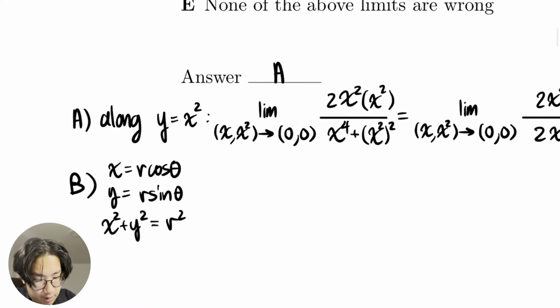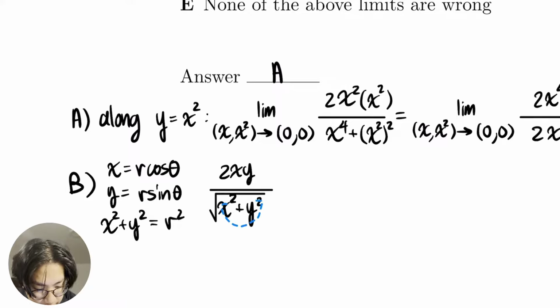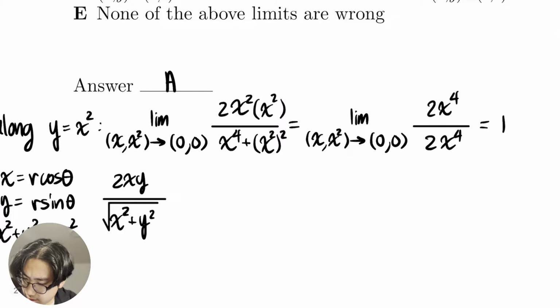Okay, so let's rewrite it. So we have 2xy over the square root of x squared plus y squared. We can write equals. So we have 2 times r cos theta times r sine theta.